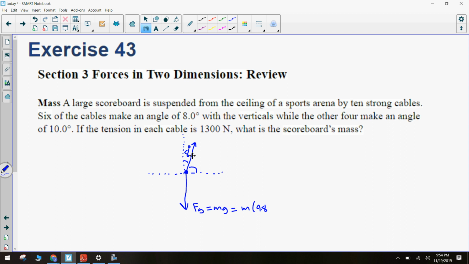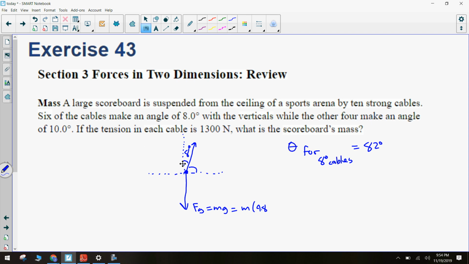This was 8 short of it. So that means that the theta for these, the 8-degree cables, is going to be equal to 90 minus 8, which is 82 degrees.